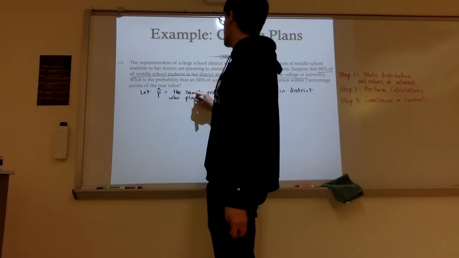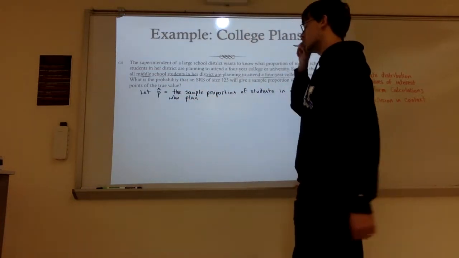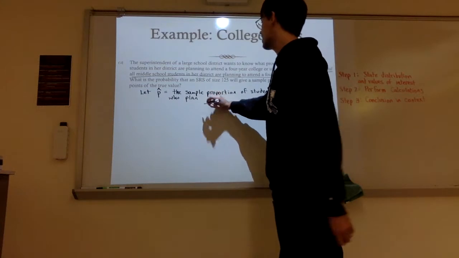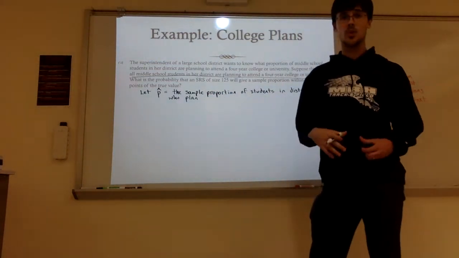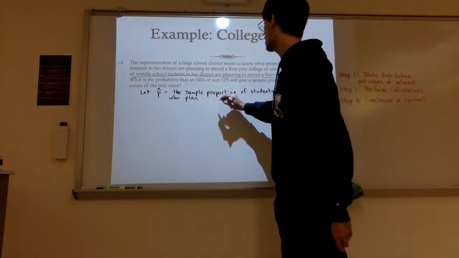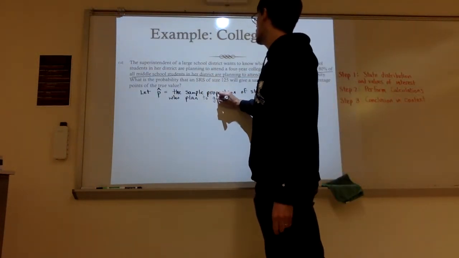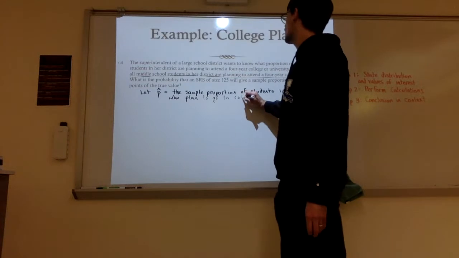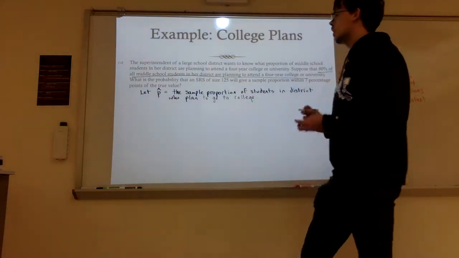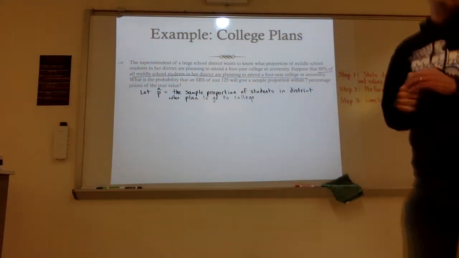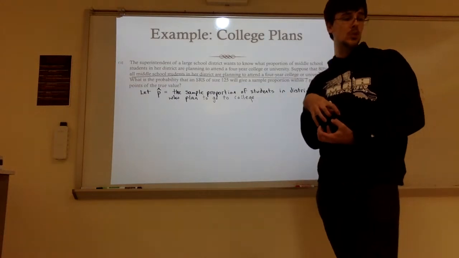So you need to define your statistic that we're going to use, which in this case is p-hat. In all of section 7.2, we're focused specifically on p-hat. So it's going to be the sample proportion of students in the district who plan to go to college. All right, so you define the actual statistic that we're going to be using right here.